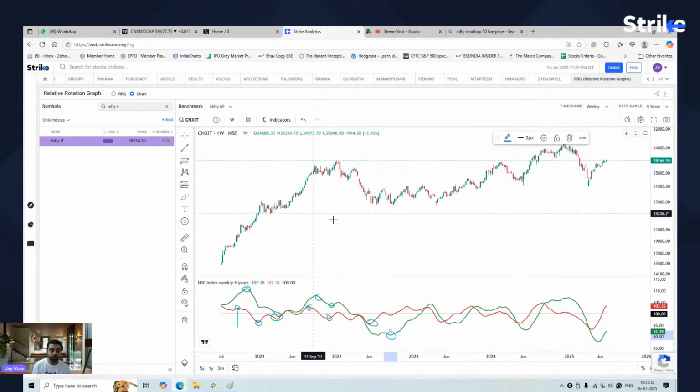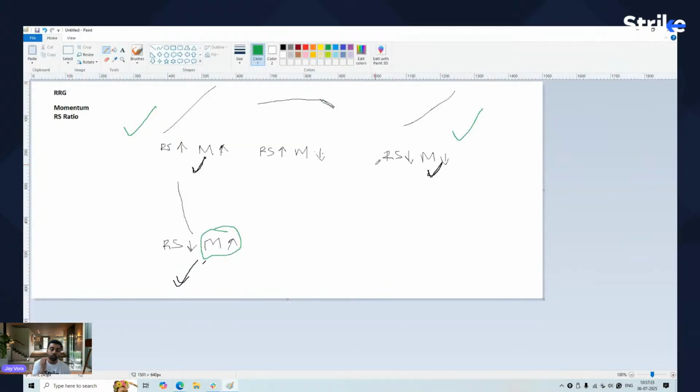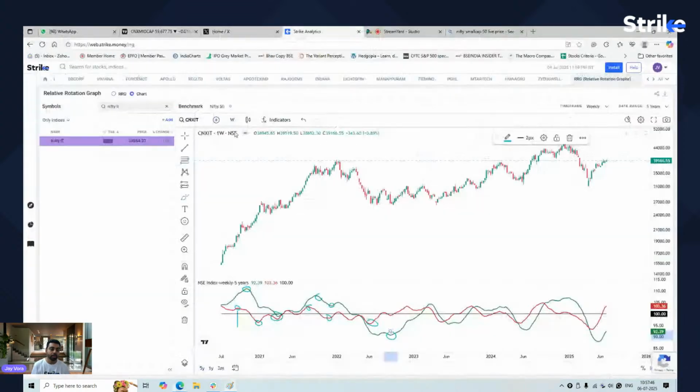Based on these kind of setups, what you then need to do is get those stocks in your watch list, and then look out for the setups which make you comfortable while trading, right? RRG can be more of a screening tool that can help you to quickly understand where you need to focus more.